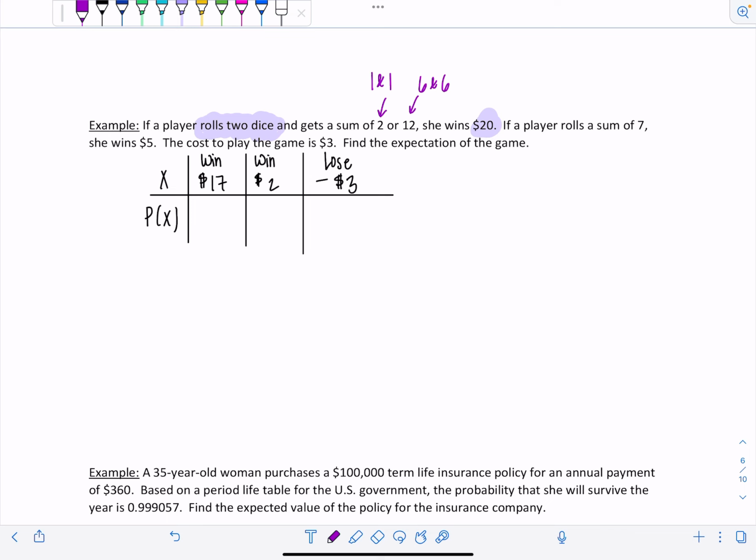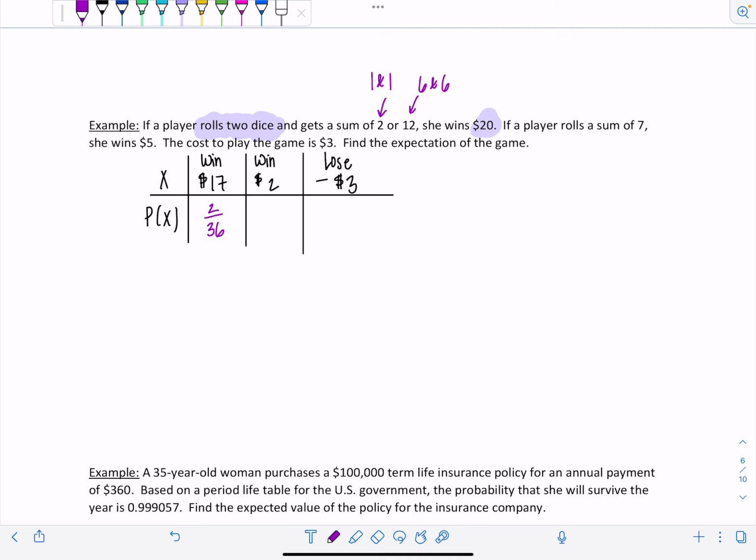So how many different ways could you win $20? It could only happen 2 different ways, right? And there's 36 different outcomes when you roll 2 dice. So the probability that you're going to win that big prize is 2 out of 36. I'm not going to reduce it. You'll see why in just a second, okay?